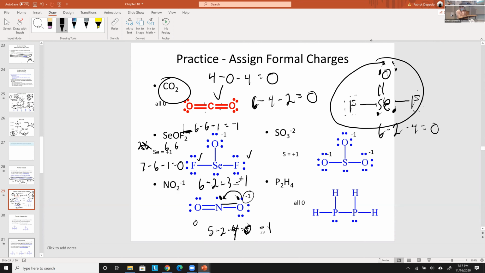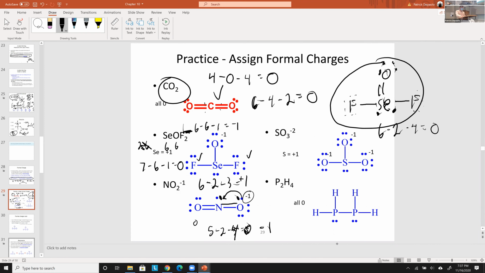I guess that would technically be acceptable too, but we know from experience that our charges should be on the oxygen. So if you play around with it enough, you might get 1 or 2 answers that might make sense, but usually our charges are on the most electronegative atoms. That's just a thing. So oxygens, fluorines, things like that.